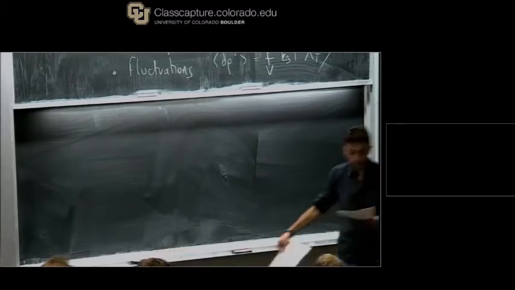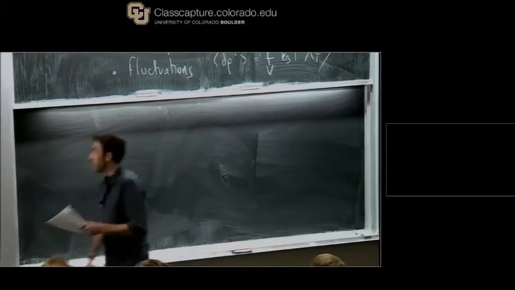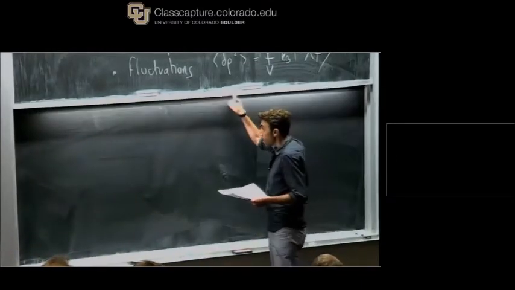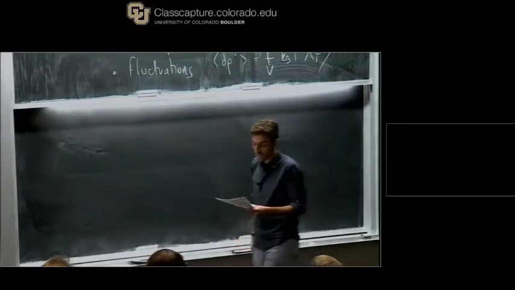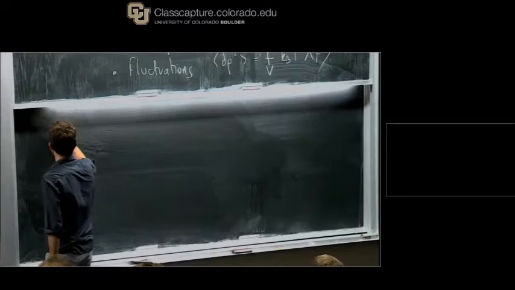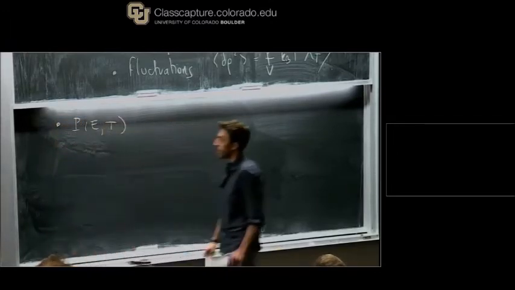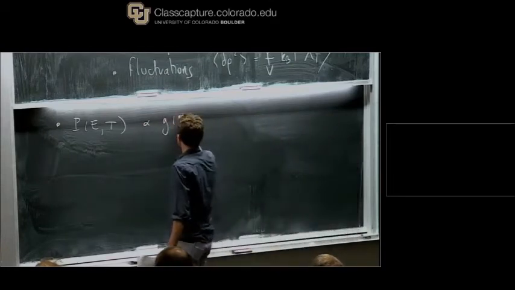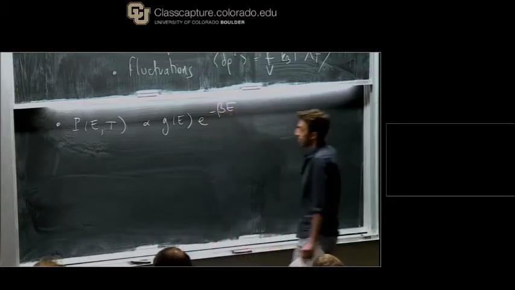Okay, so that's fluctuations. You can be even more demanding, and you can measure entire distributions. So if you measure, say, the distribution of energies at a given temperature, you know that by construction, this is related to the density of states of the system times the Boltzmann factor.